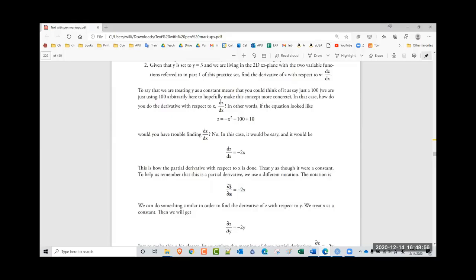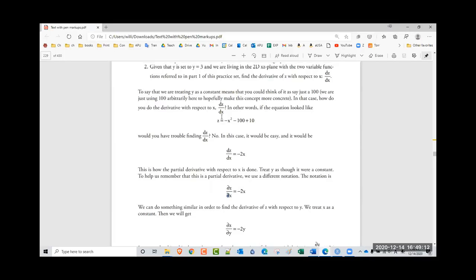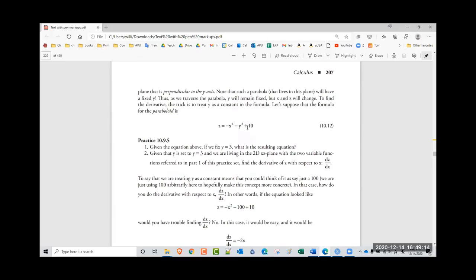So when you see this symbol, you're doing more than just 2 dimensions. Is that clear? Now, how did we do it? How did I find the derivative of this? Well, we said we're going to fix y at something. Here I say, let's fix y at 10.